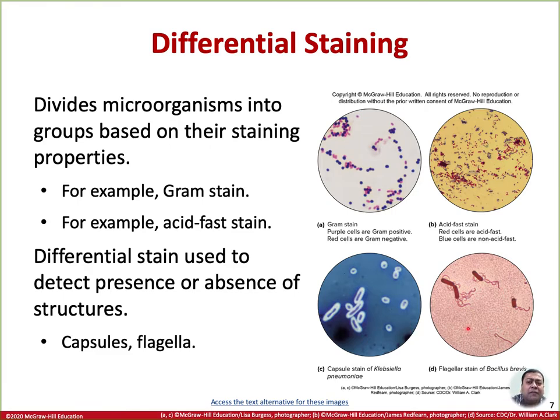In the process of differential staining, we can use another dye, which is a basic dye, or a positively charged dye. Again, remember, a basic dye is a positively charged dye, and the addition of that dye will stain the bacterial structure right here inside the capsule.